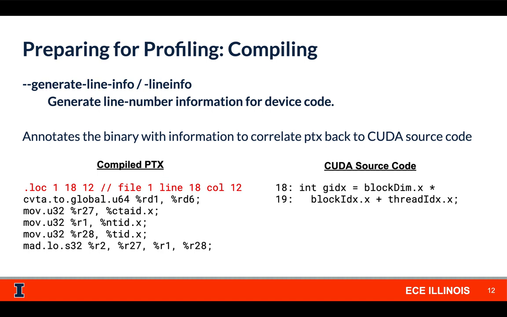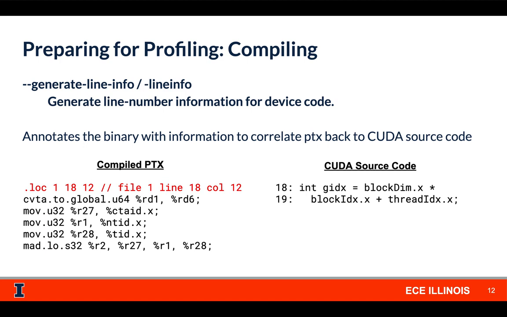Just as an example of what this does, in the assembly code it will insert these little markers that basically say this next region of the assembly code was created from a particular location in the source files. I've pulled this example out of the assembly code for the matrix multiplication. You can see that in the compiled PTX on the left, it's moving the CTA ID and the thread ID into these various registers, which is exactly what we're trying to do in the CUDA source code.